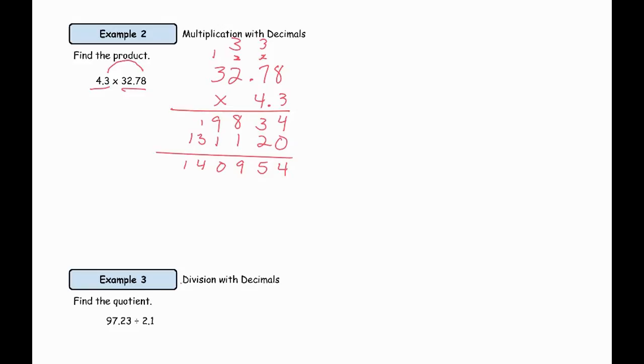Okay, now we're ready to place our decimal into our answer. We know we have 32 and 78/100, so we can tell that number goes out to the 100th place. And then we are multiplying it by 4 3/10. As you can see, when you multiply a 100th by a 10th, you have a thousandth.